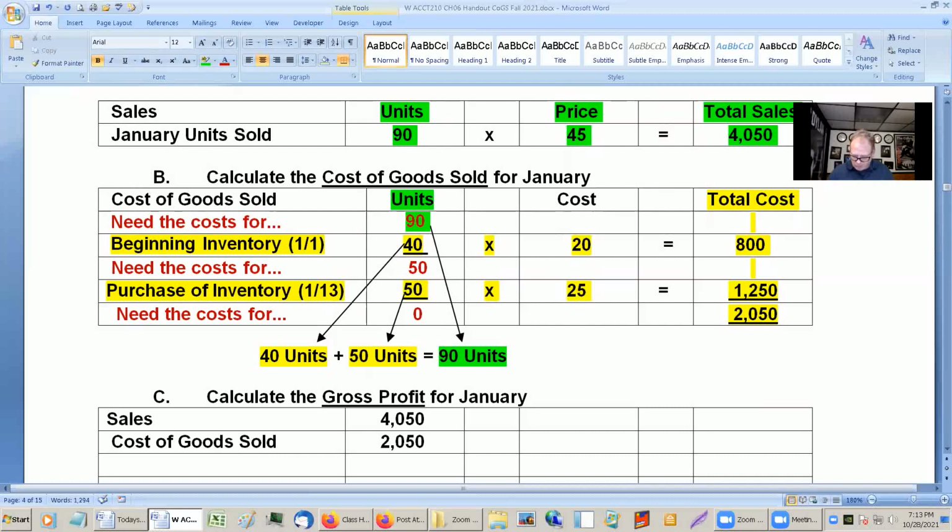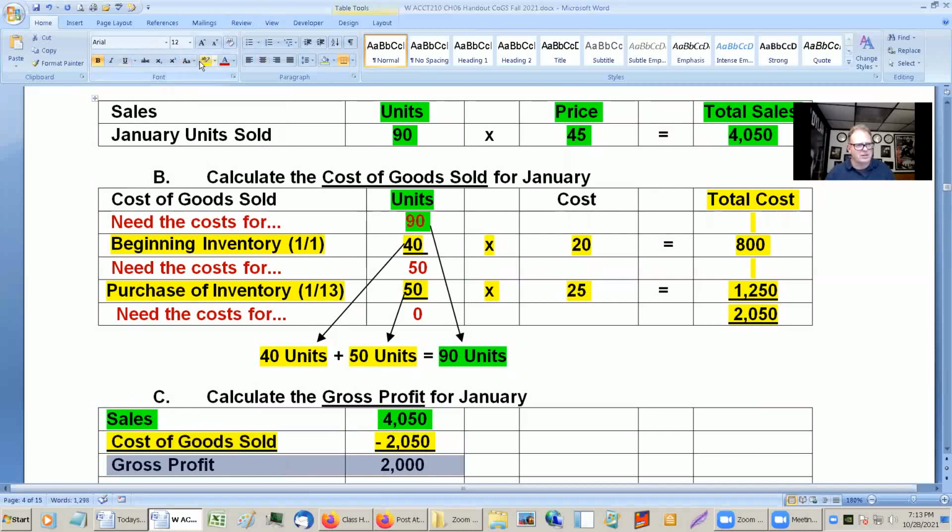And so our gross profit, sometimes called gross margin, same thing, $2,000. Crazy.